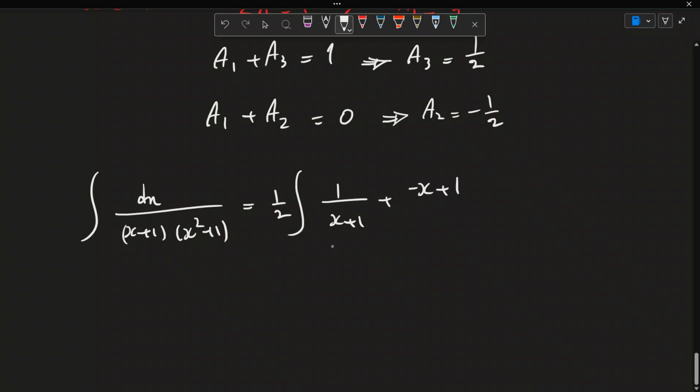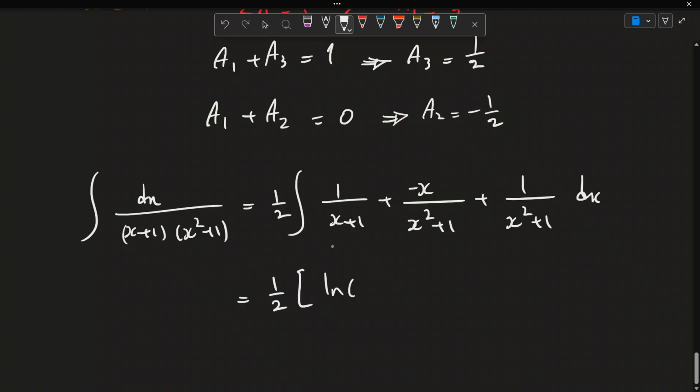Instead of this minus x plus 1, I also write separately minus x over x squared plus 1, minus 1 over x squared plus 1 dx, which is 1/2 ln of x plus 1. Here, derivative of denominator needs only a 2 in numerator, so I need to write minus 1/2 ln of denominator x squared plus 1. And the last one is tan inverse x.